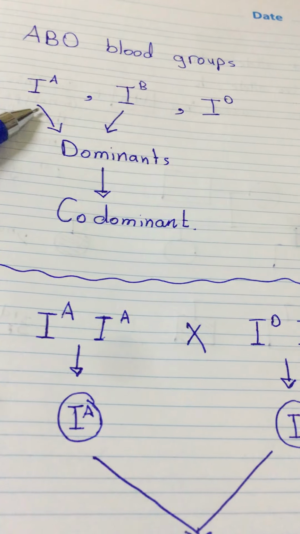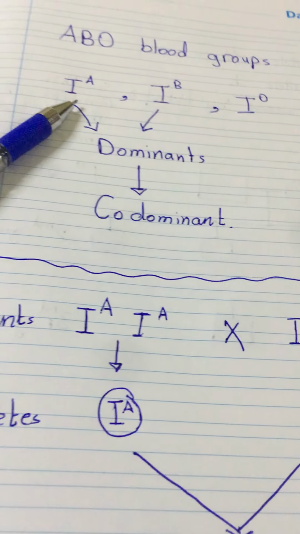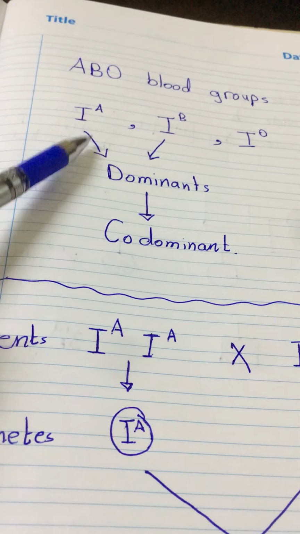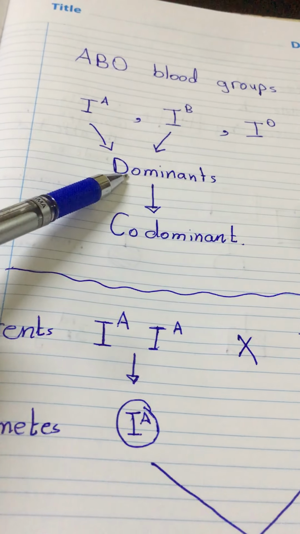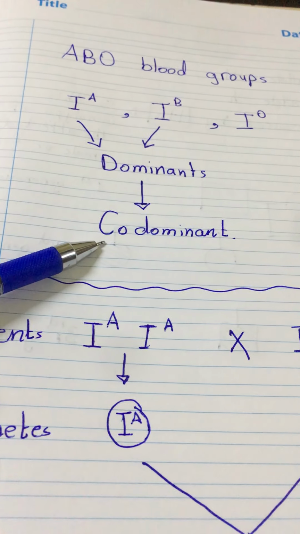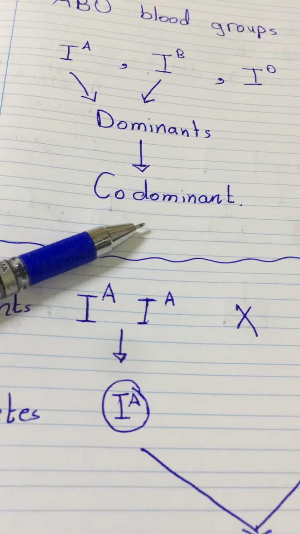So IA is for A blood type, IB for B blood type, and IO for O blood type. You have to know here we have 2 dominants, which are IA capital and IB capital. So the blood groups IA and IB both are dominant. We call them codominant because they have 2 dominants.